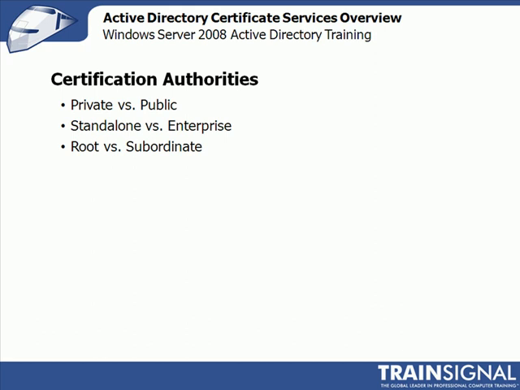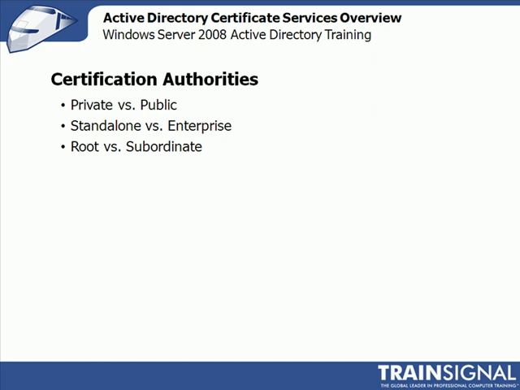Not just to issue certificates, but to go through and validate that an entity is who they say they are before giving them the certificate. So with standalone, you're going to go through the web interface to make a request for a certificate, and then an administrator will manually have to validate the credentials of that user and then go ahead and issue the certificate. Okay, so that's kind of the difference between standalone and enterprise.